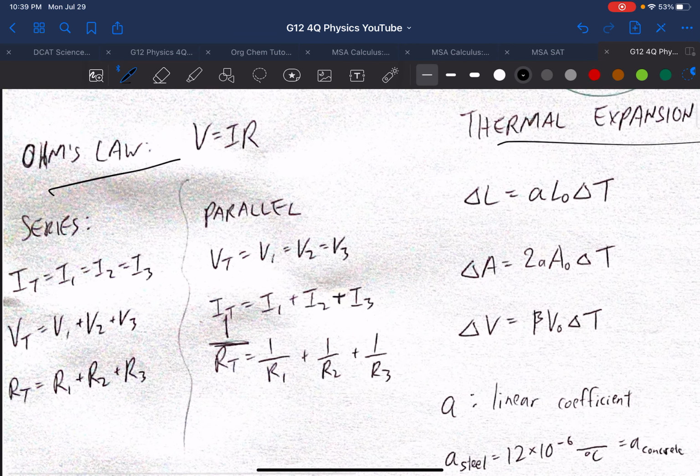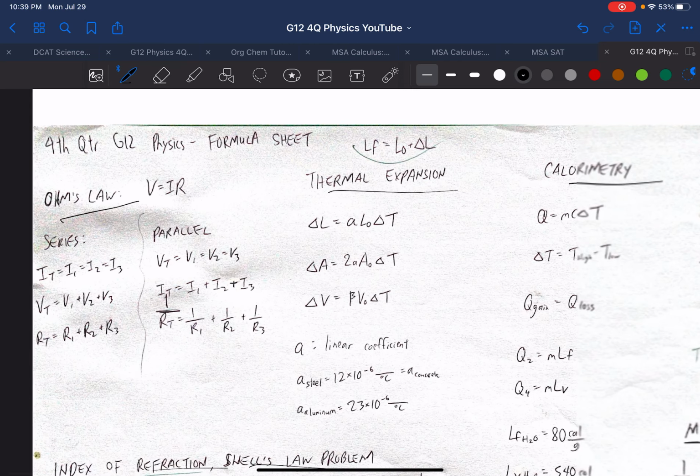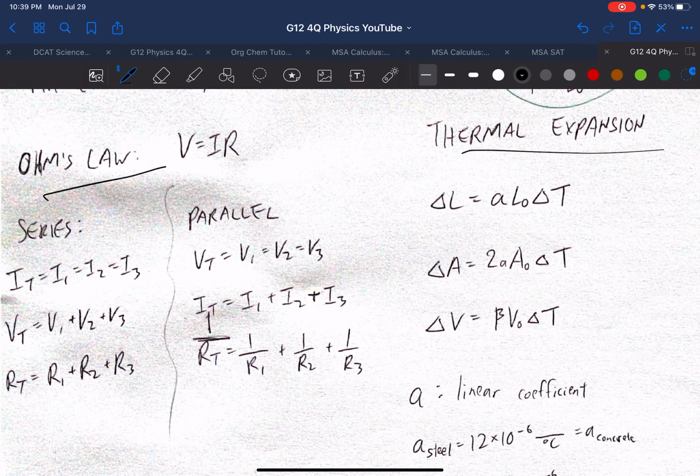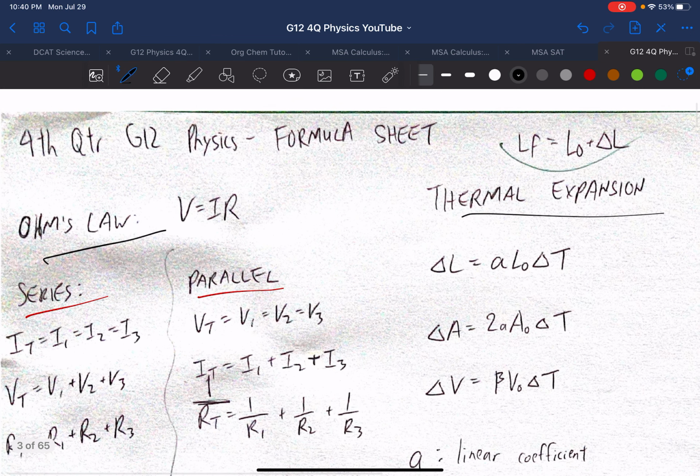Let me start discussing the formulas, starting with Ohm's law. Basically, we have series circuits and parallel circuits. Each of them has three kinds of formulas, but essentially, among these circuits, we have V, I, and R. V is voltage, I is current, and R is resistance.